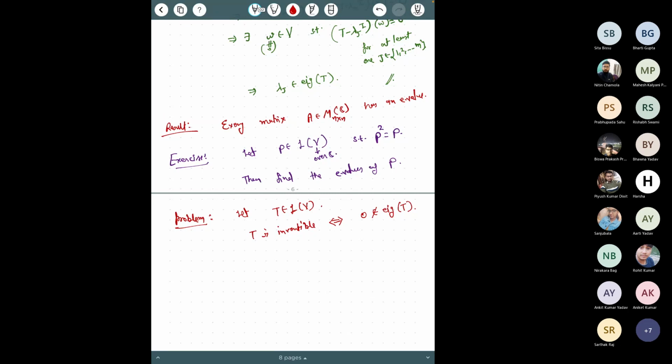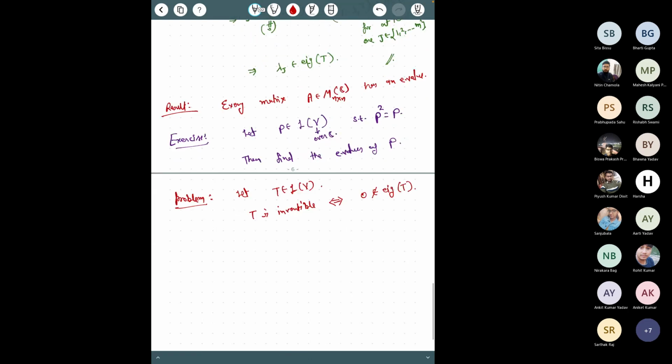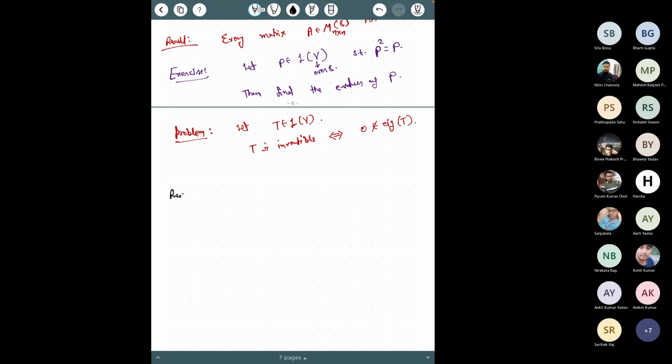So the next result: let us suppose T is a linear operator on V. Then eigenvectors corresponding to distinct eigenvalues are linearly independent. This is what we need to prove.